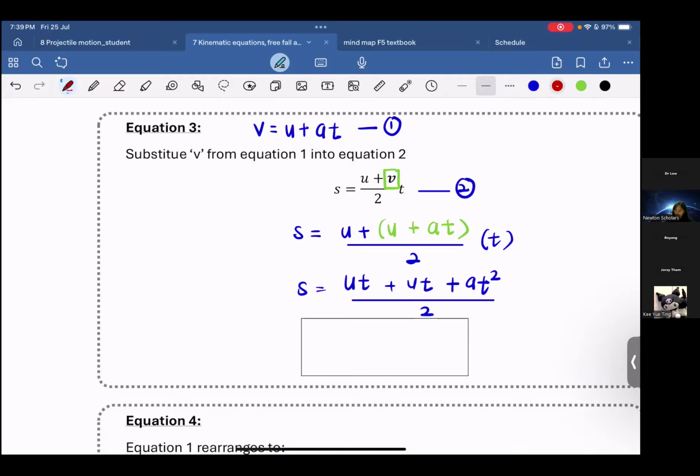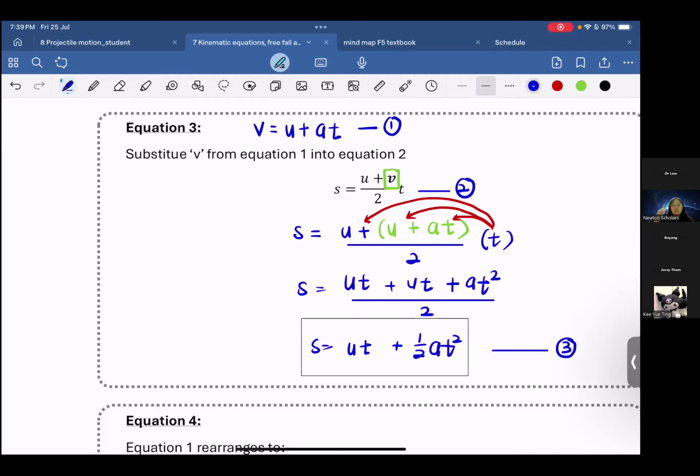I just multiply the t in. So at the end we get the formula: s equals ut plus 1 over 2 at squared. So this is the third formula, how we get it.